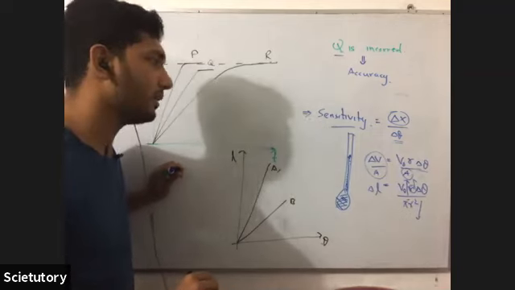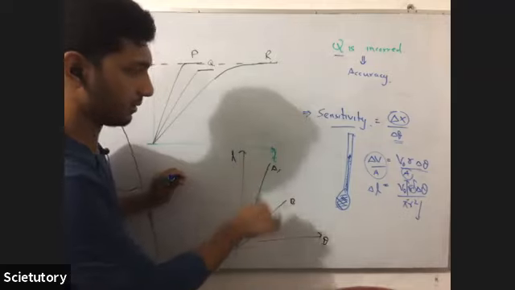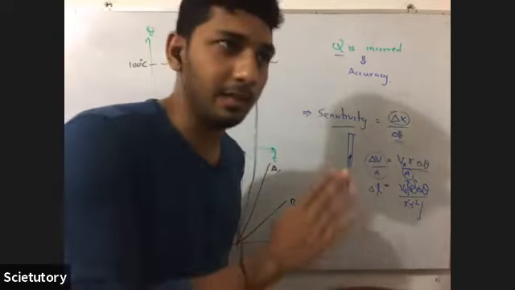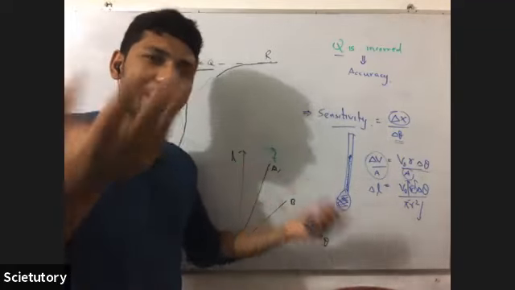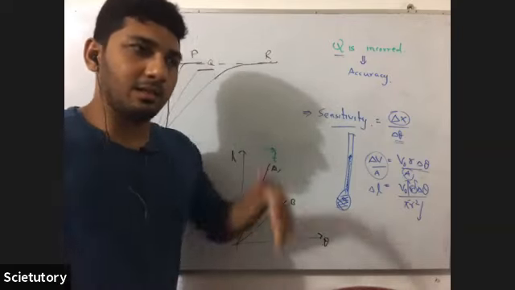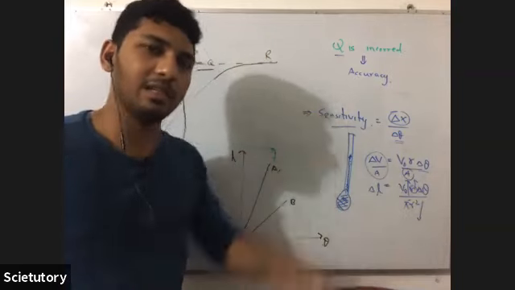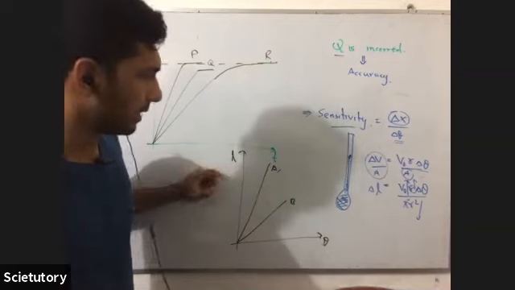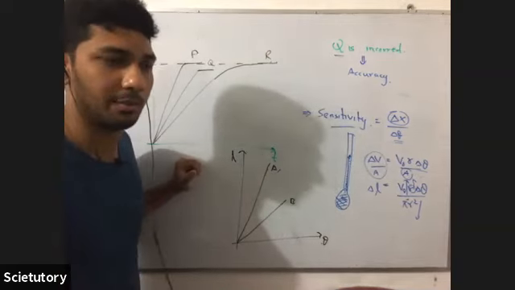Now when you calibrate the thermometers, which thermometer will have increased gaps between the adjacent temperatures? A, because the length is higher per unit temperature change.